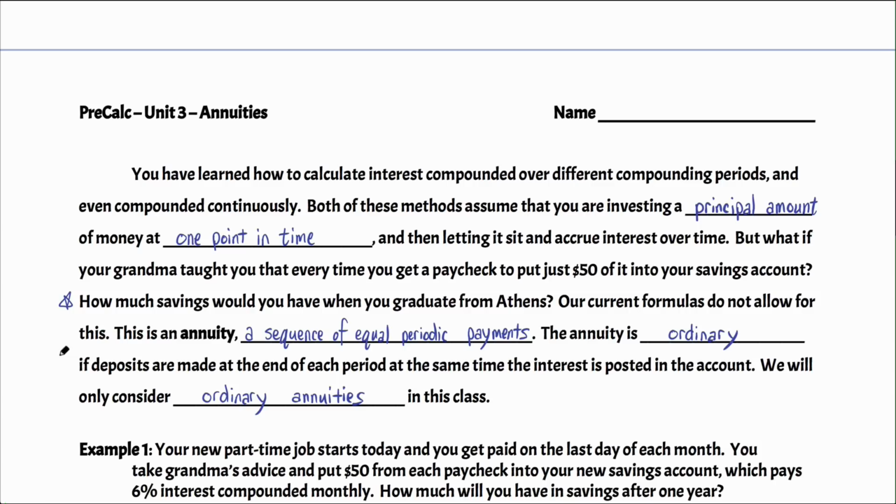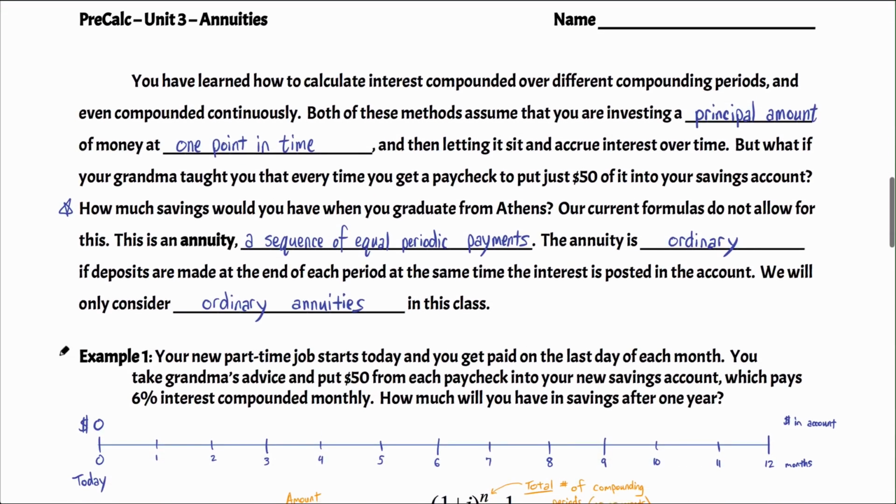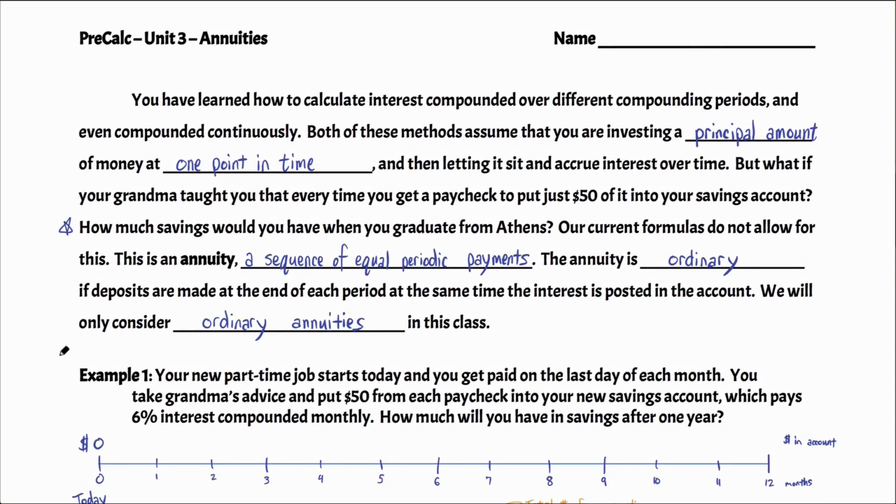Similar account to what we were using in the previous problems. We've still got 6% interest compounded monthly, like in example number 2 from above. But now we're looking at how much we'll have after 1 year, since we're not just putting in a principal amount, we're putting in these equal periodic payments of $50 each month.